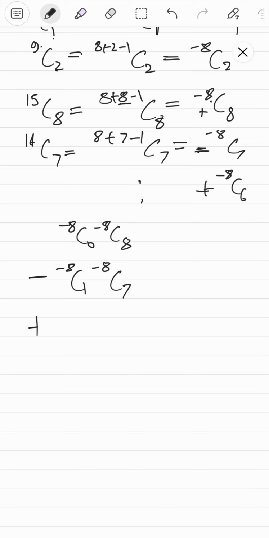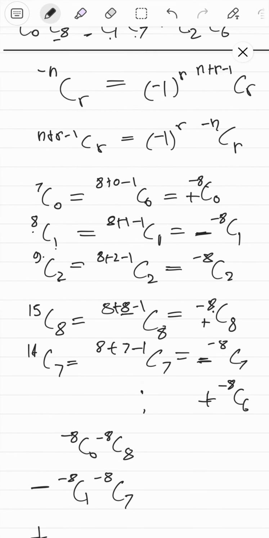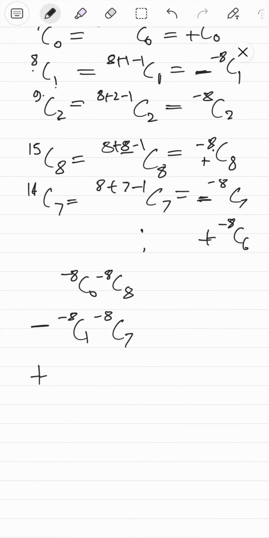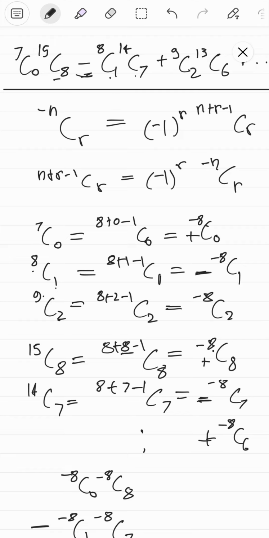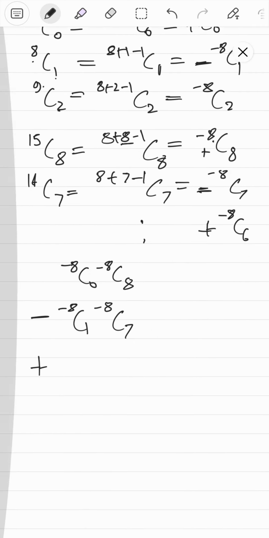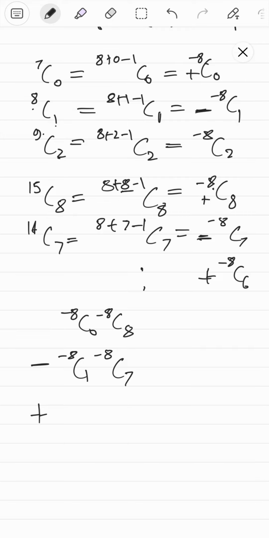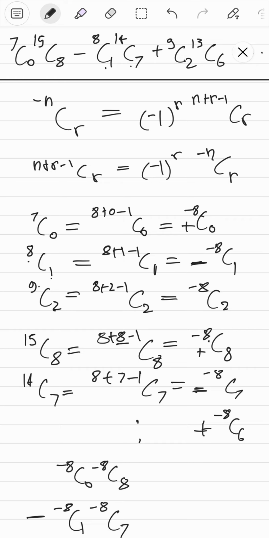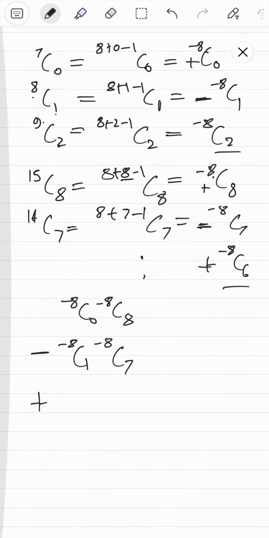Next you have a positive from there, and you can see all the negatives will cancel out during multiplication. Only these ones will remain, which were already in the series. And the next two combined, 9C2 and 13C6, are going to be this one and that one.